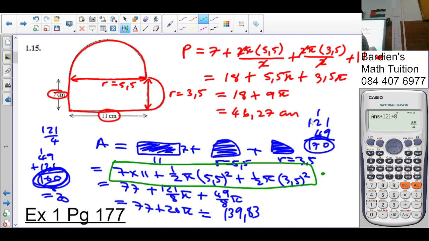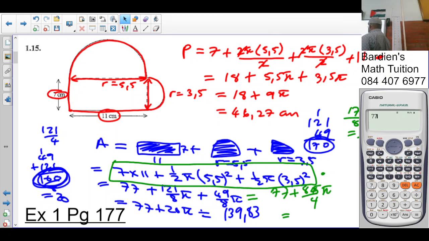So that's supposed to have been 170 over 8. 2 goes into 170 85 times, so it's 85 over 4. Fine. So that's 77 plus 85 over 4 times pi.